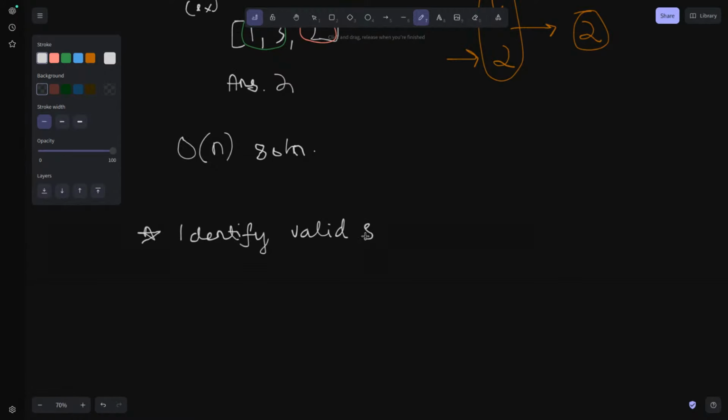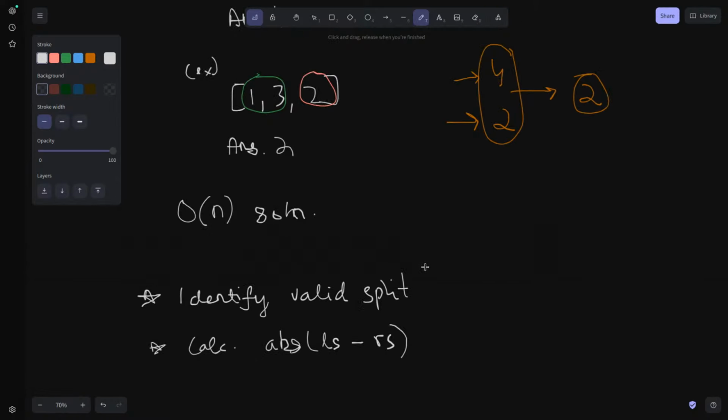And the second portion is basically to calculate the difference of the sum, right? The second portion is to calculate the absolute value of left sum minus right sum. I'll call it LS and RS. So we need to find the absolute difference of left sum and right sum and take the minimum of these, right?